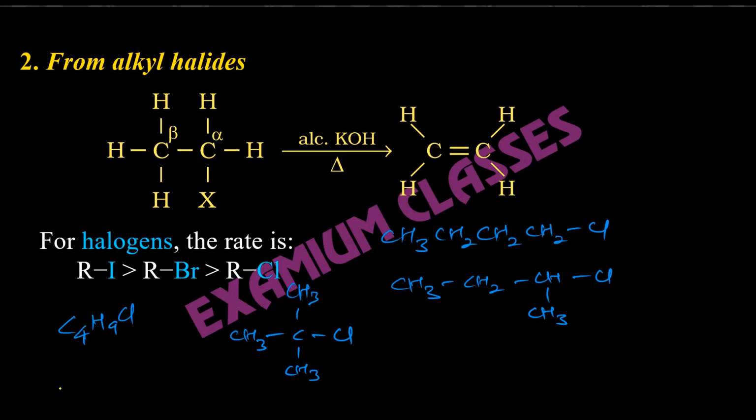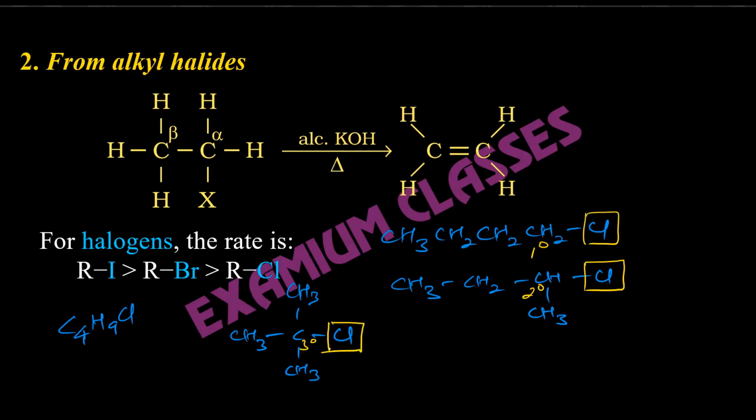I'm saying this is 1 degree, this is 2 degree, this is 3 degree. And I hope you remember what 1 degree, 2 degree, 3 degree means. 1 degree is that carbon which is connected to only 1 carbon. I am considering only those carbons which are connected to chlorine. Halogen is same, alkyl group is different.